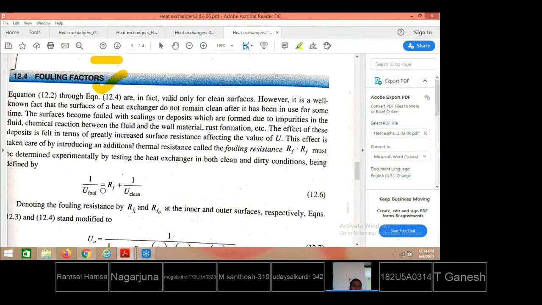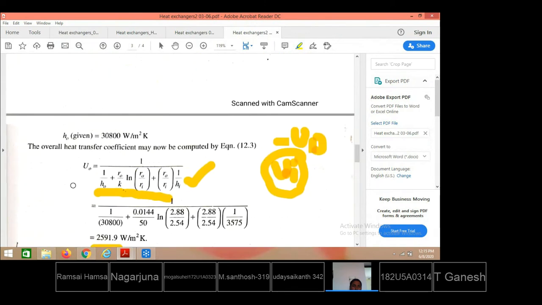When you take the fouling into consideration, the overall heat transfer coefficient is estimated as 1 by u fouling equal to this resistance due to fouling plus 1 by u clean. Whatever overall heat transfer coefficient we have just now calculated, that is assuming the surfaces are clean.